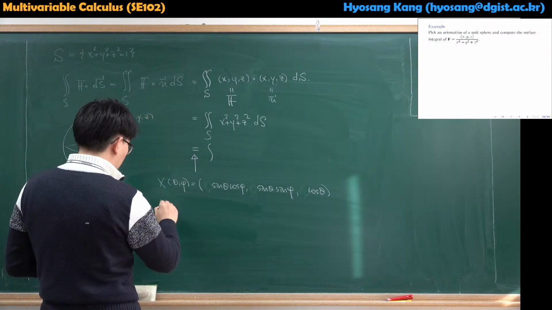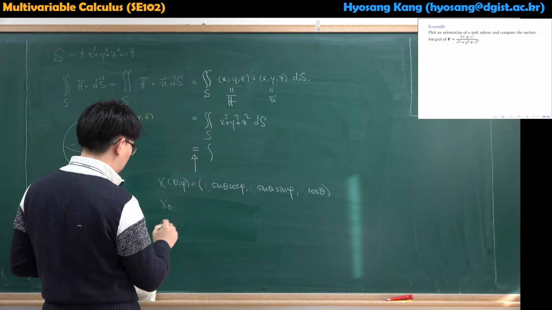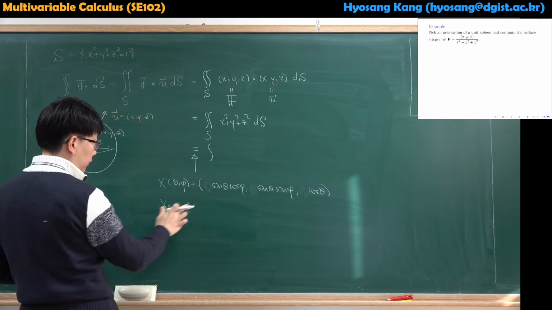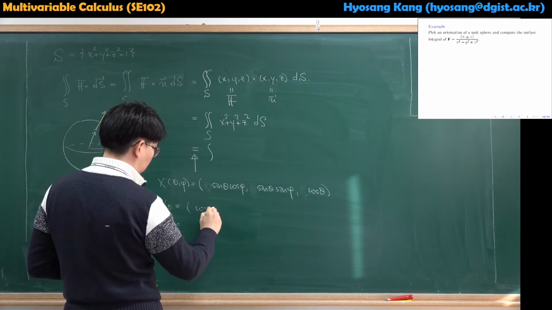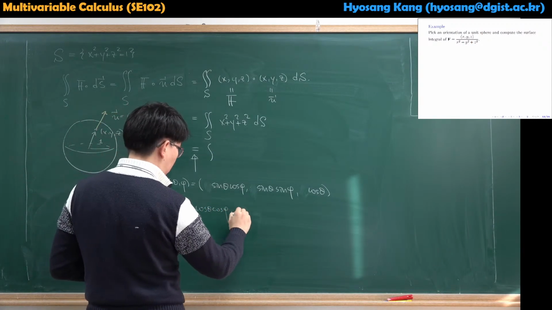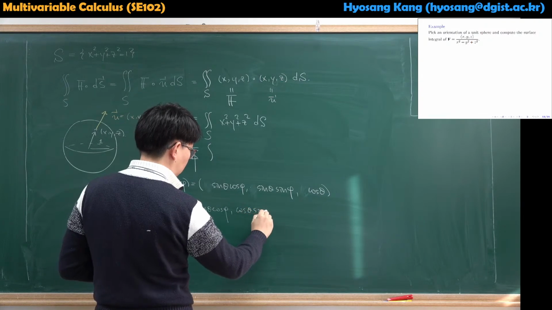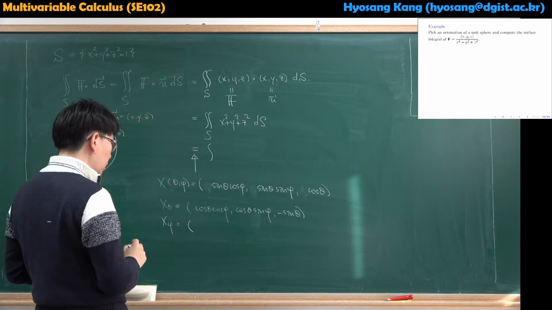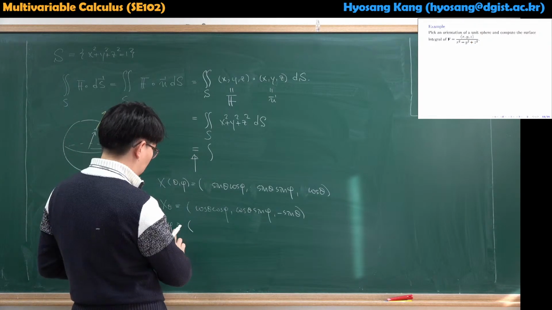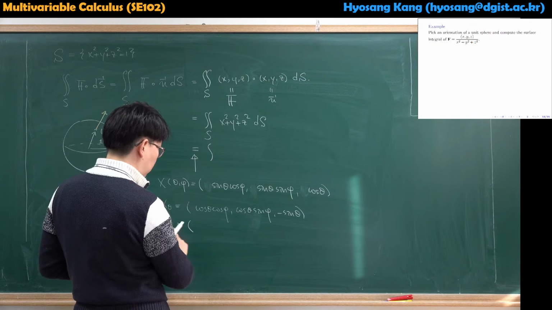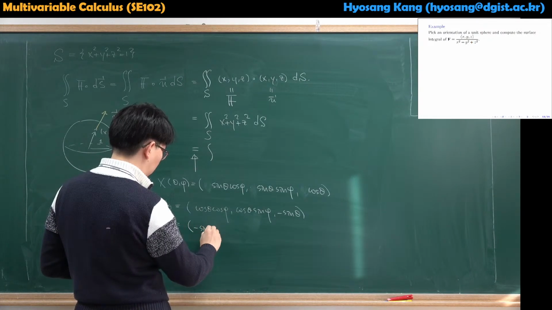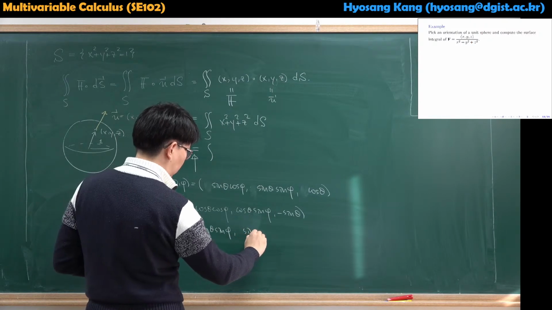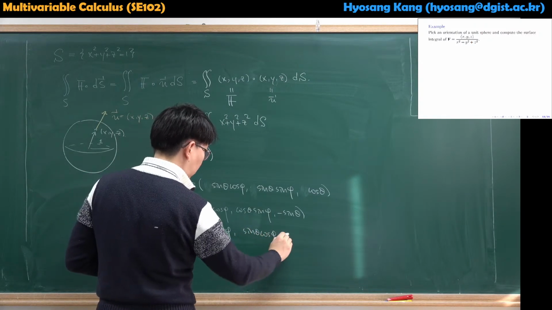And then let's take x theta and x phi here. So what's x theta? It's cosine theta cosine phi, cosine theta sine phi, and minus sine theta. And when I take the partial derivative by phi, we have minus sine theta sine phi, sine theta cosine phi, and 0.